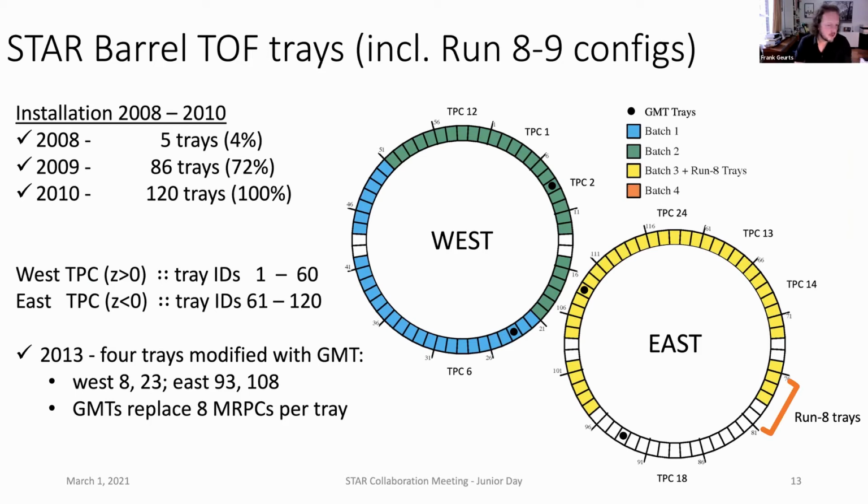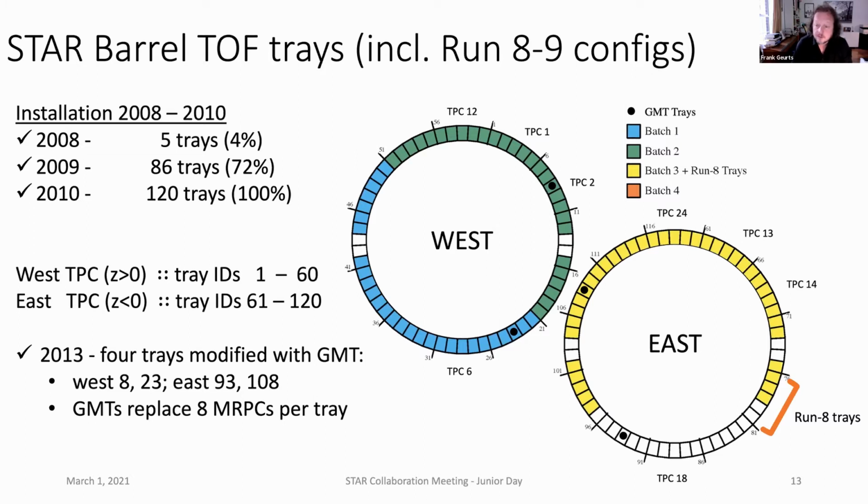As a reference, we refer to tray IDs for those of you that are in the control room taking shifts. We have tray IDs 1 through 60 that overlap with the TPC sectors 1 through 12 and are on the west TPC side, so that's positive Z, and tray IDs 61 through 120 on the east side.